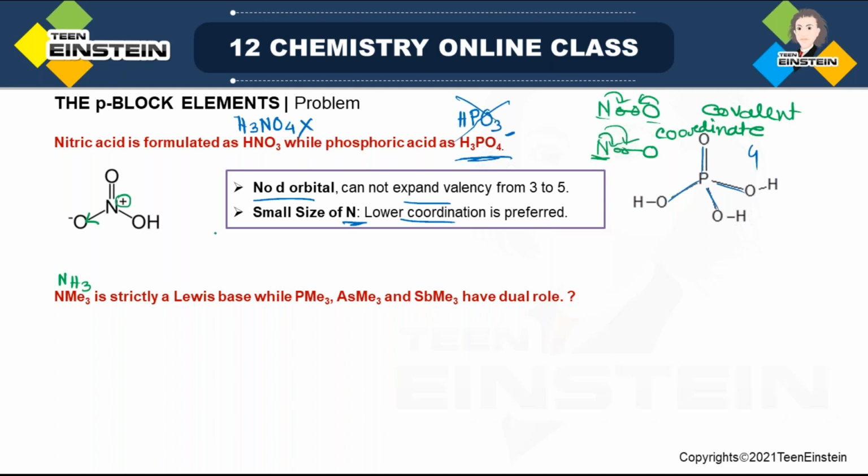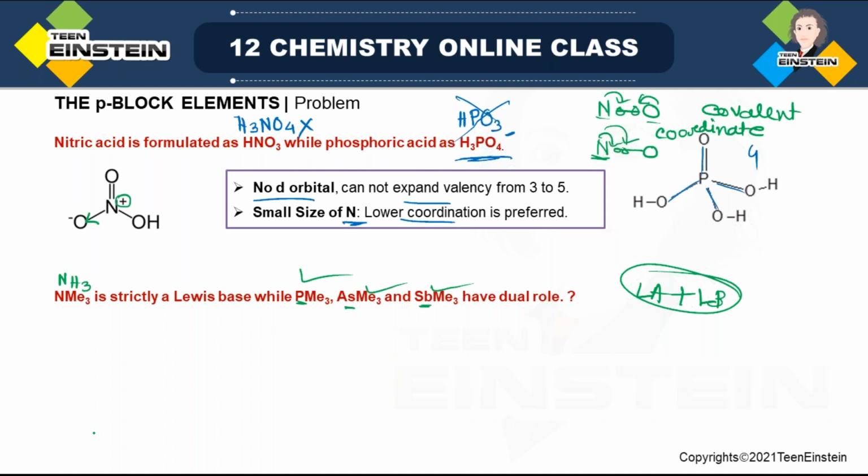But if you consider the other members, phosphorus, arsenic, antimony, same type of compound, that is trimethyl phosphorus, trimethyl arsenic, trimethyl antimony, these 3 compounds can behave as Lewis acid as well as Lewis base. That means they can donate electrons as well as accept electrons. But why this difference in behavior is there, that we have to see.